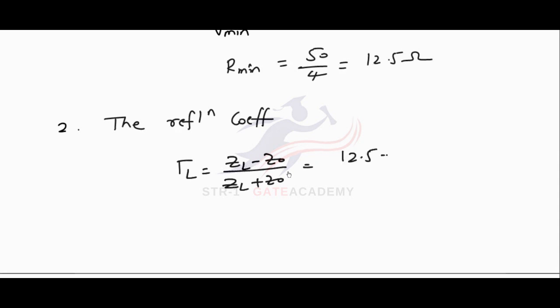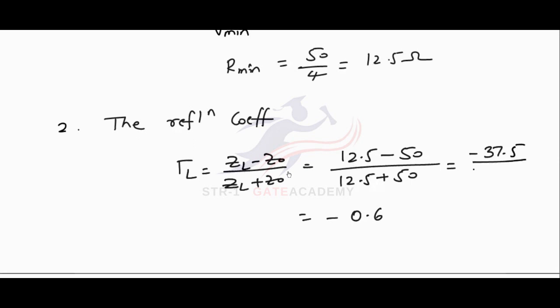It is (12.5 minus 50) divided by (12.5 plus 50). If you solve this equation, you will get the answer as minus 0.6. This is actually minus 37.5 divided by 62.5. Just solve it with the help of a calculator. You will get the answer as minus 0.6.